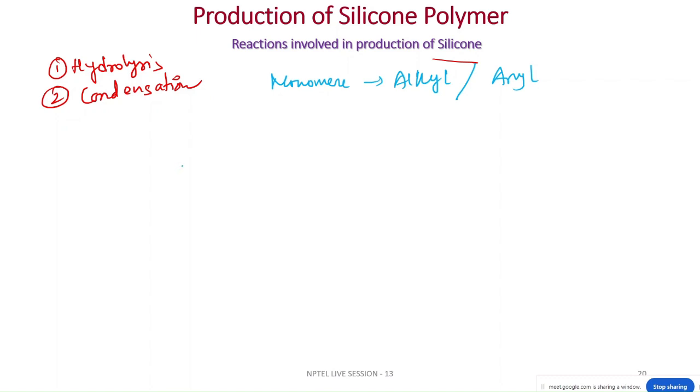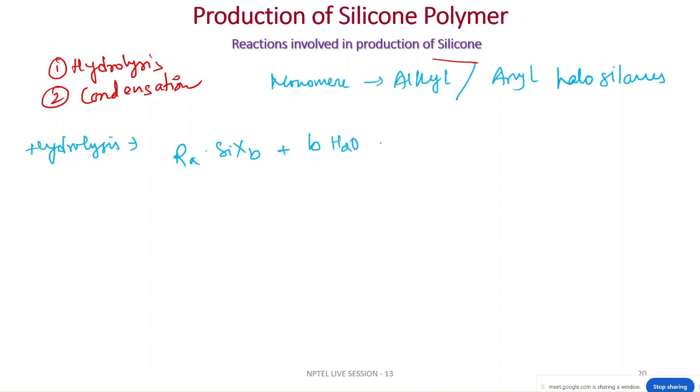Those siloxanes are highly reactive and they further participate in the polymerization reaction. So the first step, which is hydrolysis, suppose I give one general example. This is the alkyl or aryl halosilane.